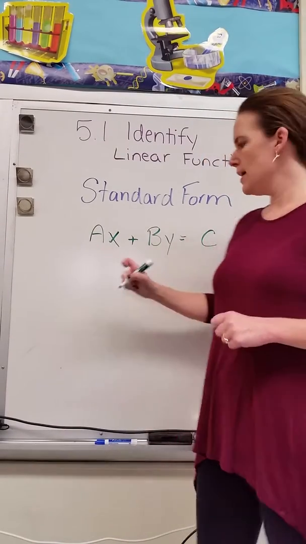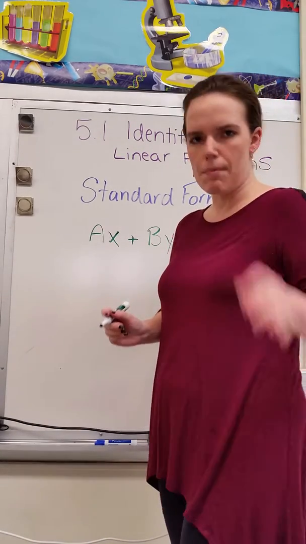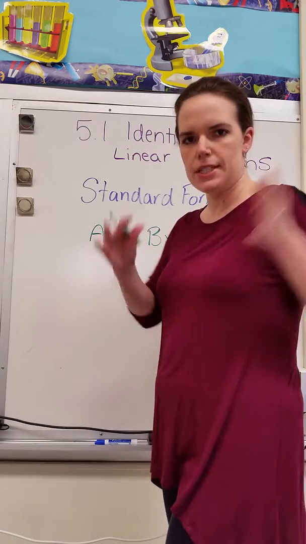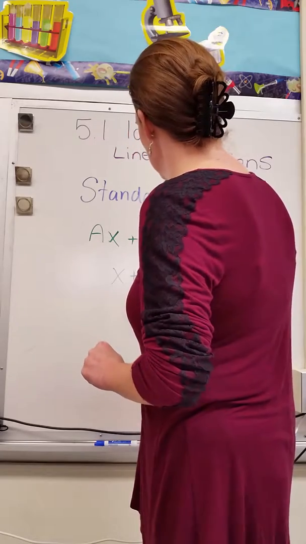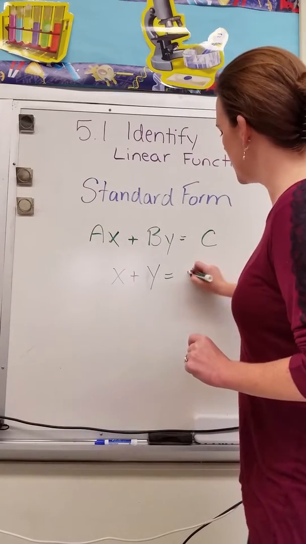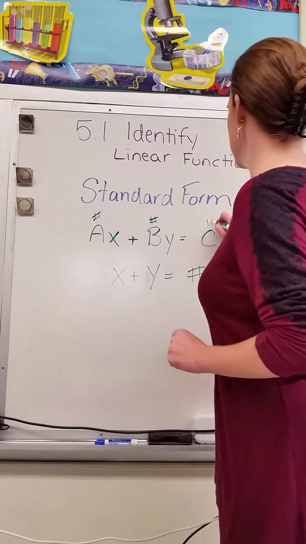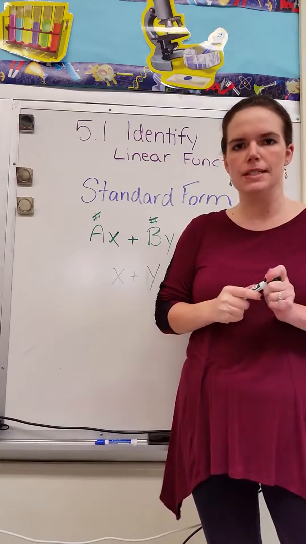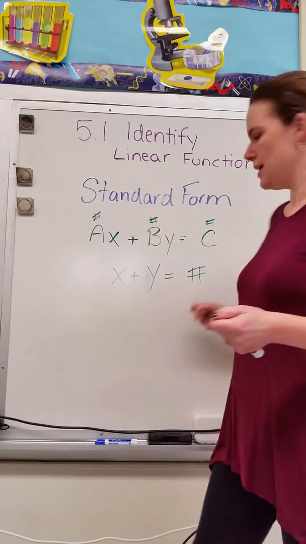This a and b and c, these are just numbers. So I sometimes tell students to think about the standard form as being like x plus y equals a number. Because this is just some number, this is some number, this is some number. What's important in standard form is that you have x plus y on this side, and they're equaling a number.